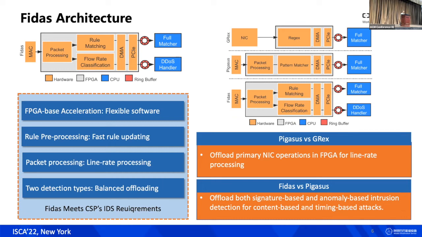And FIDAS compared to Pixels, we achieve a more balanced solution because we can detect both content-based and timing-based attacks. So this really represents a trend of offloading more comprehensively in the FPGA.